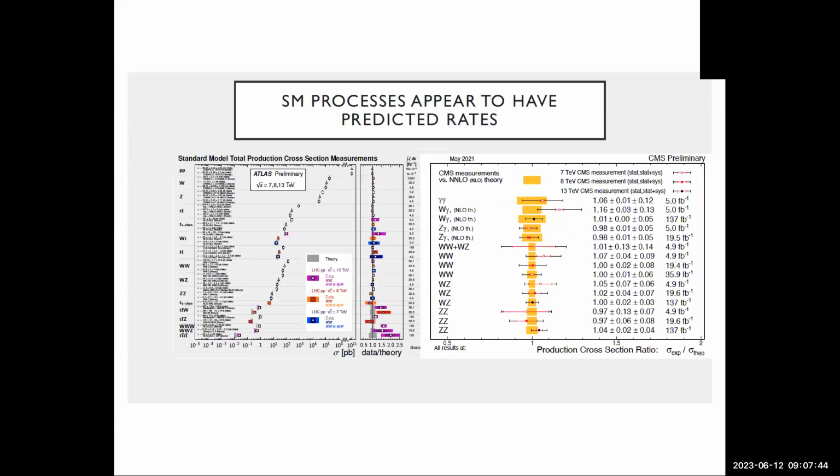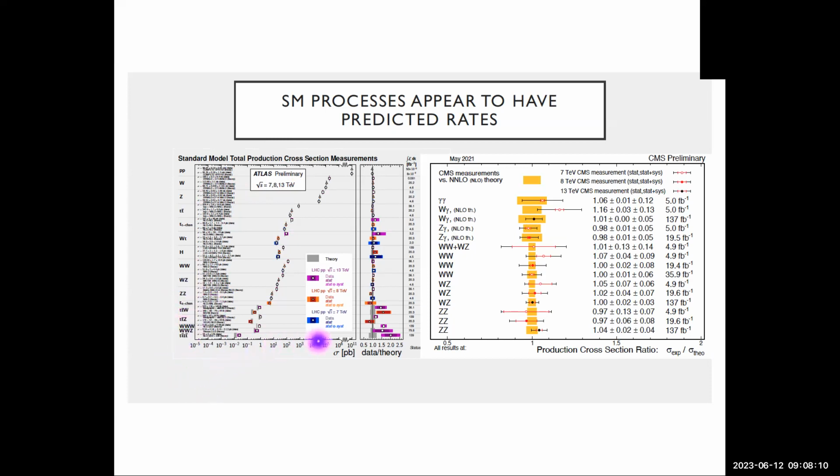Over the last decade or so, the LHC has tested the standard model in many, many different places. This is an ATLAS plot showing production of the standard model particles. There's W production, Z production, t t-bar production down here, pair production of 2 gauge bosons, and the production of top quarks with gauge bosons.